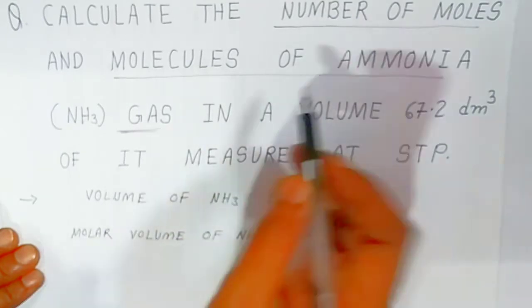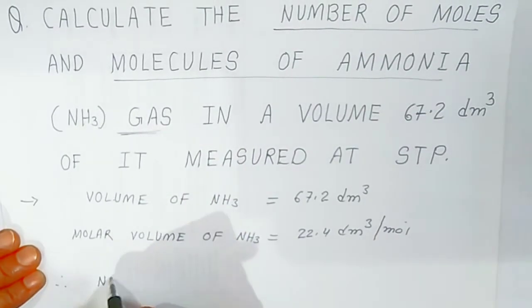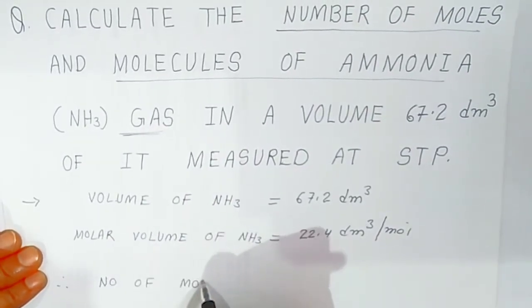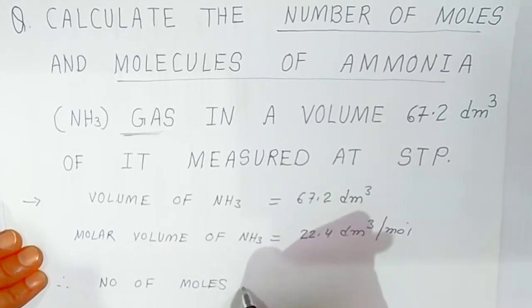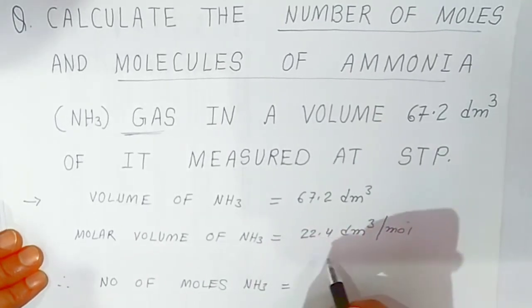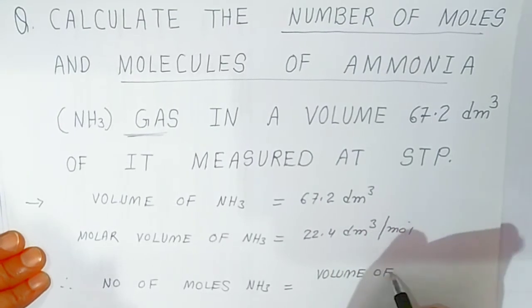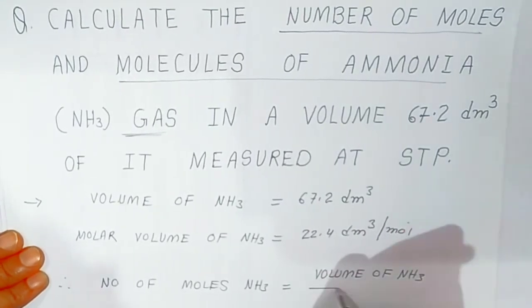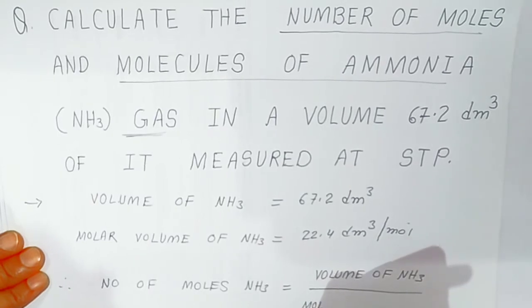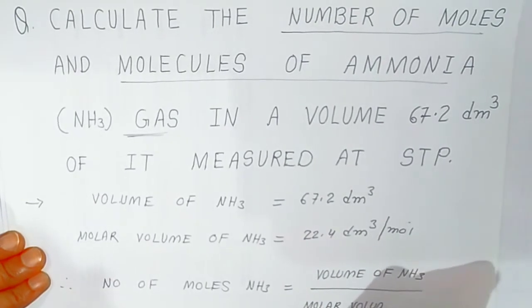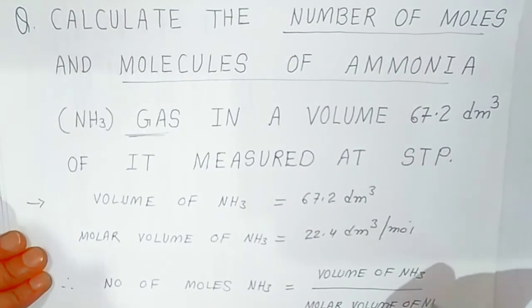So first, we are going to find the number of moles. How many moles of ammonia will be there, students? The number of moles of ammonia is equal to the volume of ammonia divided by the molar volume of ammonia. Now you have to divide.